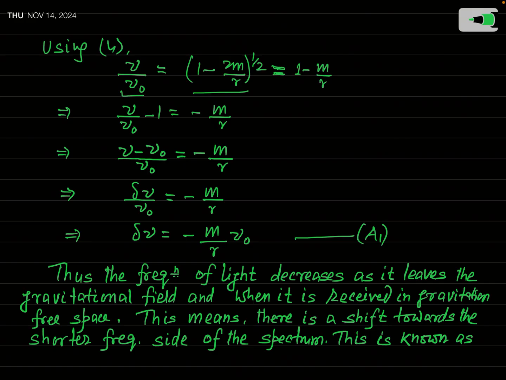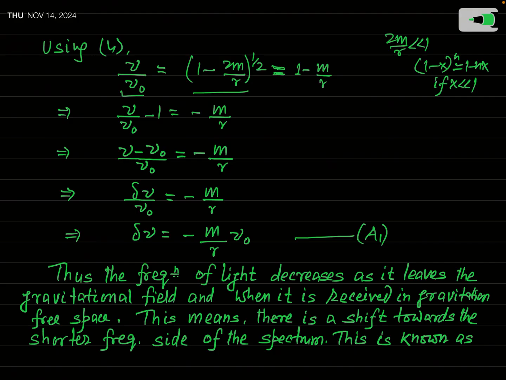So I have written, you can see nu over nu naught is equal to this much. Now let us expand the RHS by binomial expansion in first approximation, since here 2m over r is much smaller than 1. By binomial expansion, when there is 1 minus x to the power n, this is almost equal to 1 minus nx if x is much smaller than 1.